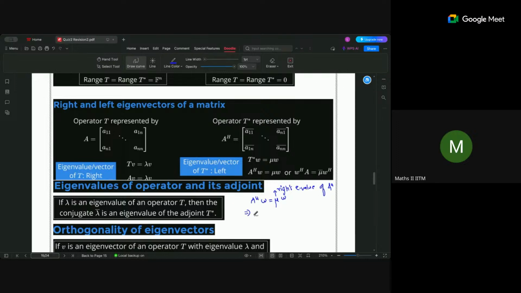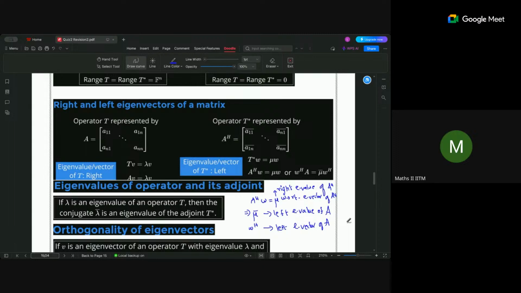This means that mu bar is your left eigenvalue of A. Same way, w is your right eigenvector of A^H, so w transpose or w^H is your left eigenvector of A. So if you are asked to compute the left eigenvalue and left eigenvector of A, what is it that you need to compute?